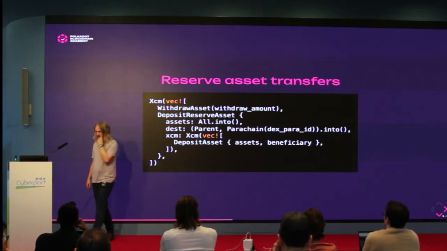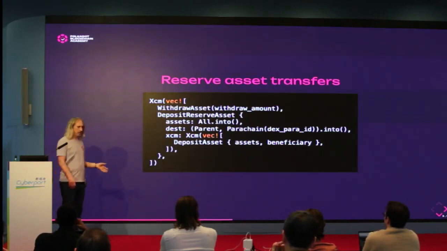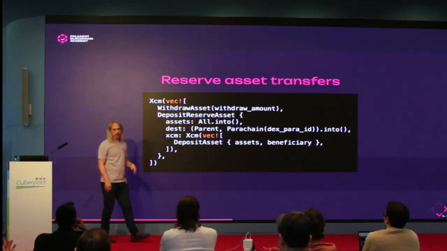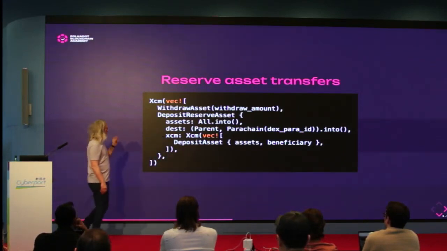What deposit reserve asset does, it's exactly the same as deposit asset, which means take something out of the holding register, put it into an account ID, with one difference.